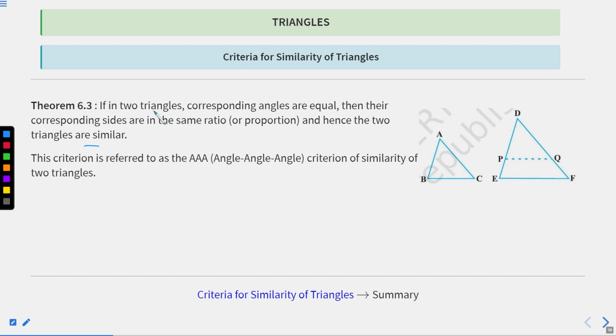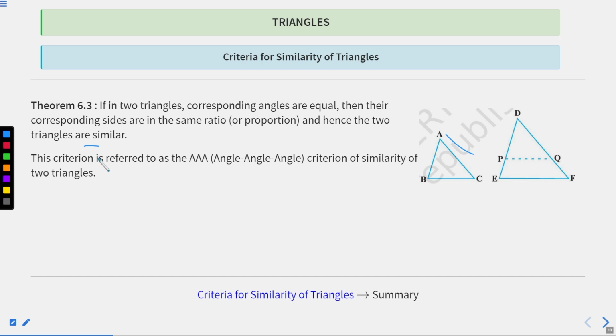Okay, so this Theorem 6.3 states that if in two triangles, suppose we have these two triangles ABC and DEF, their corresponding angles are equal, then it automatically implies that their corresponding sides are in the same ratio, or proportional, and hence these two triangles are similar.